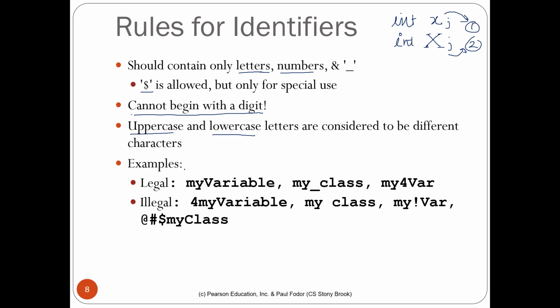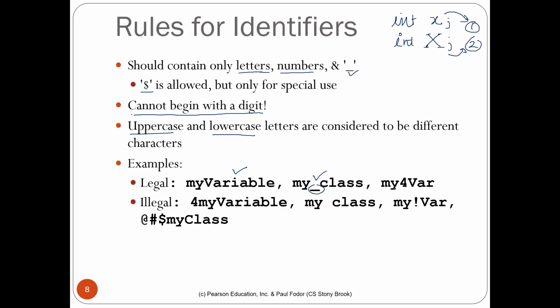Now let's look at some examples and try to figure out why these are valid identifiers and why these are invalid identifiers. Here this is perfectly fine. All that we are using are letters. Everything is a letter here, so we are good. How about the second case? You have all these letters, and you have an underscore, and underscore is also allowed.